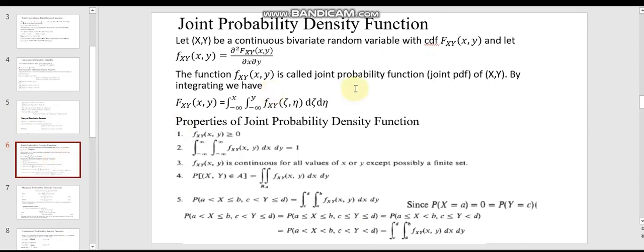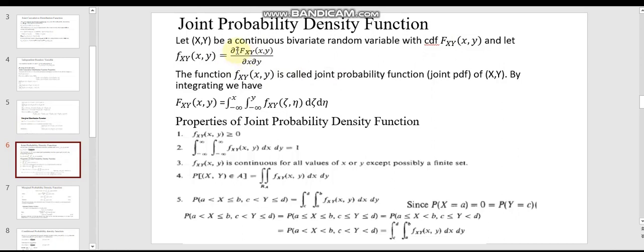Now let us talk about the joint probability density function. It is also called the joint PDF. Let x and y be continuous bivariate random variables with joint CDF F sub XY of x, y.